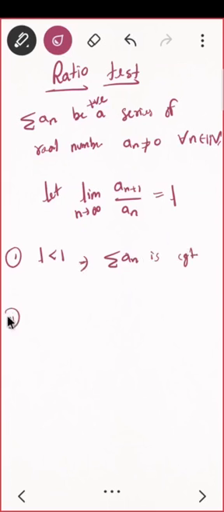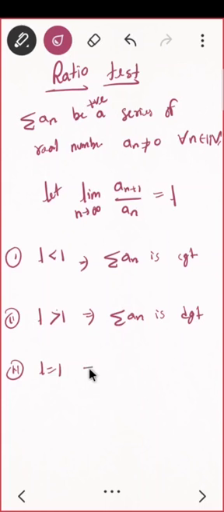Second condition: if L is greater than 1, then summation of a_n is divergent. And the third condition: if L equals 1, then no conclusion. You cannot say anything about summation of a_n; it may be convergent or may be divergent.